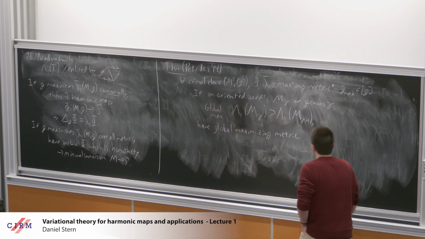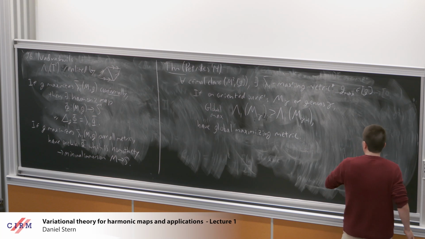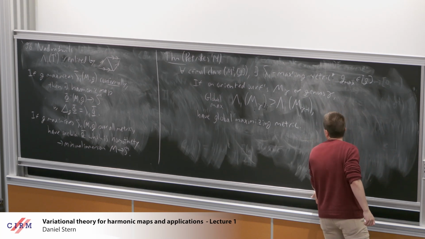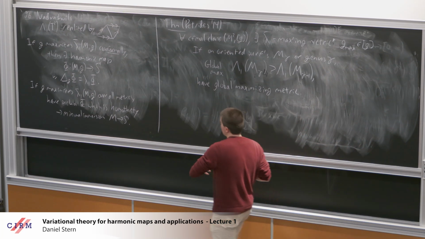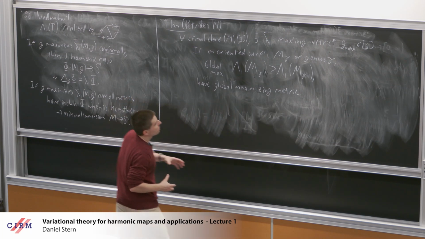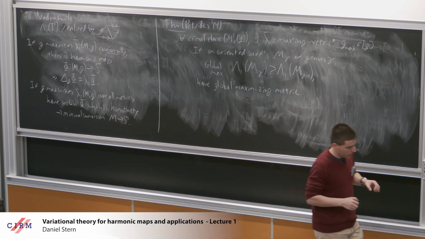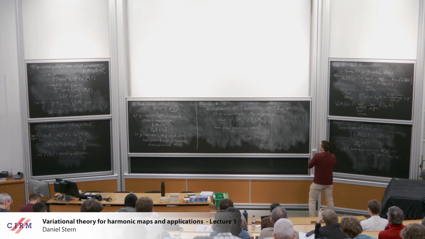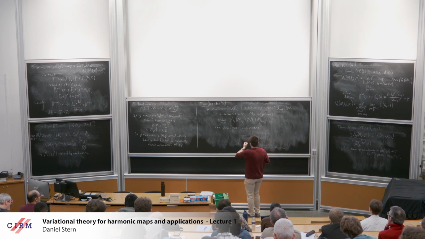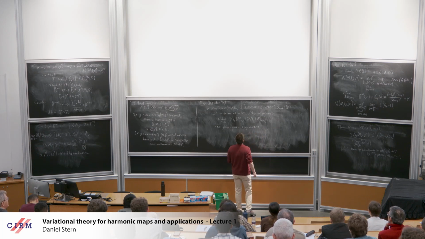Okay? So there have been valiant attempts to prove this, basically by trying to start from a maximizing metric on the lower genus surface and attach handles in a very clever way to get something which directly has lambda 1 bar exceeding lambda 1 bar on the low dimensional thing.